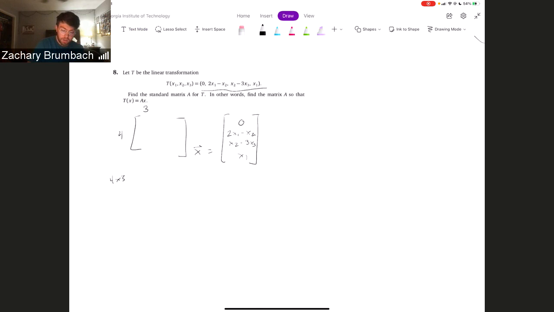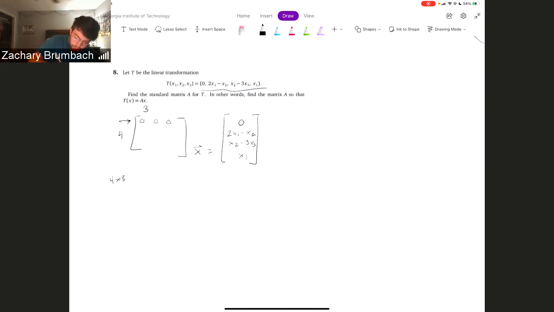Technically you can just plug in x1, x2, x3 and see which one of these results in it. But an easier way to think about it is to simply read the matrix row by row. In the top row, how many x1s are present? 0. How many x2s? 0. x3, 0.